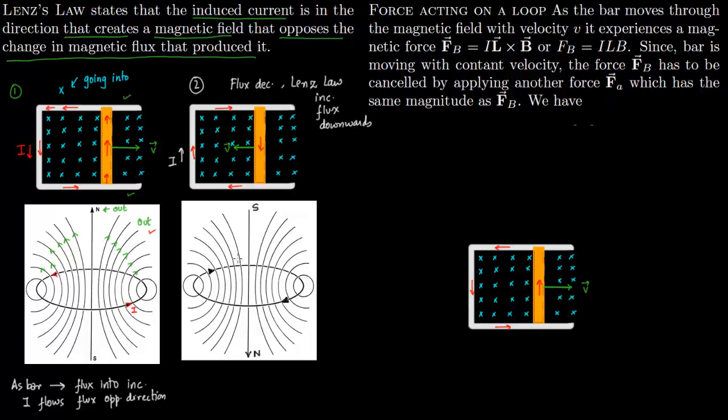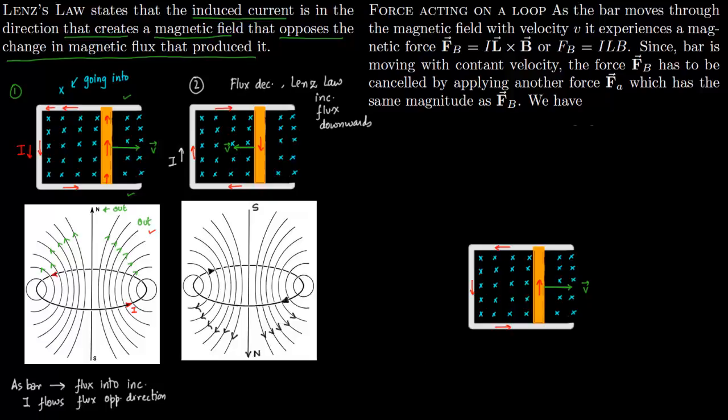When the current flows like this, the magnetic field is produced in the downward direction. Again, Lenz's law basically says that the current is produced so that it can create a magnetic field which opposes the change in magnetic flux that produced it.